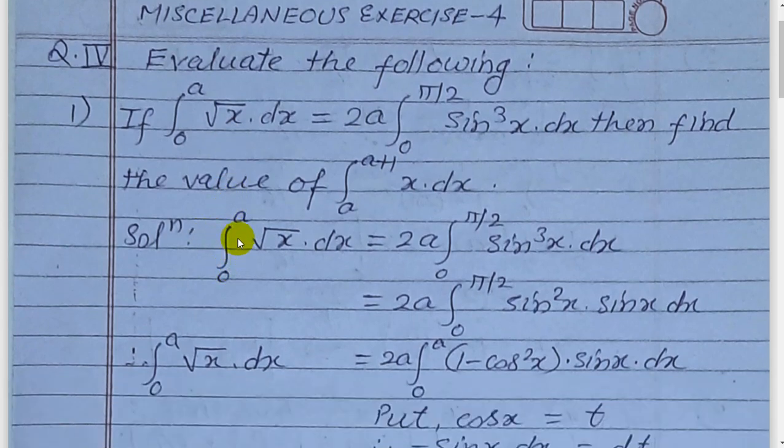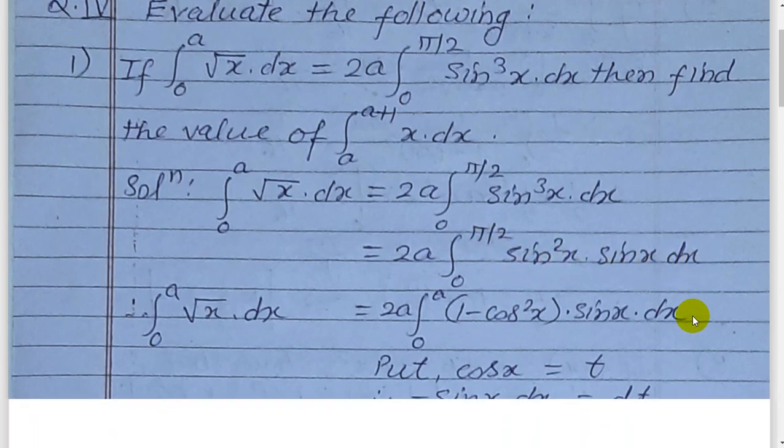Integral of 0 to a of root x dx equals 2a into the integral 0 to pi by 2 of sine cube x dx. So sine cube x dx can be written as sine square x into sine x dx. So it can be written as 2a into the integral 0 to pi by 2 of sine square x into sine x dx.